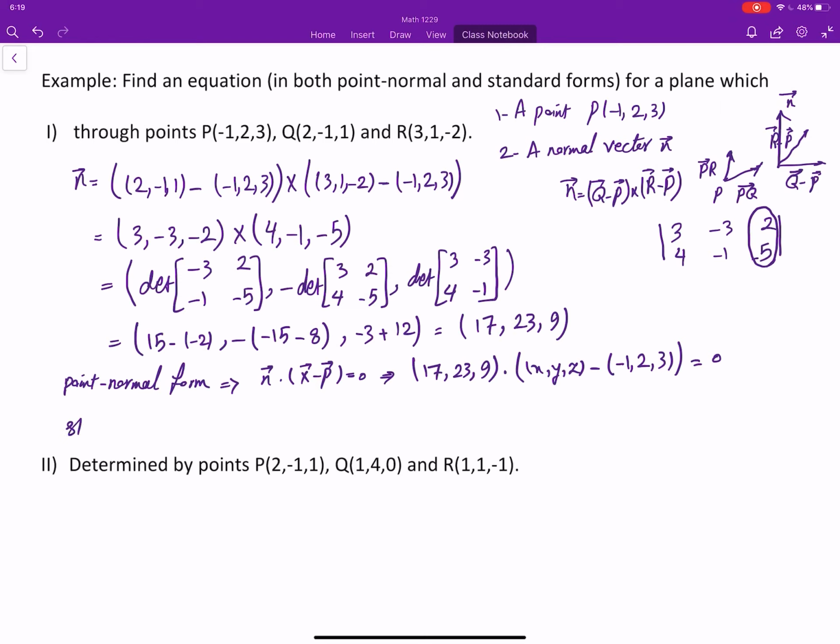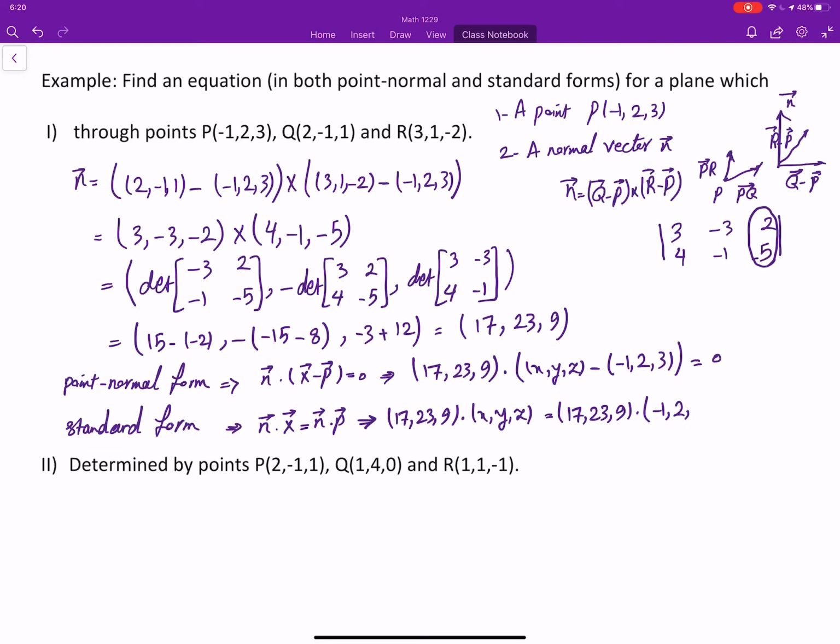And then the standard form, we start always from this equation, n dot x equals n dot p, then perform the dot product. So (17, 23, 9) dot (x, y, z) equals (17, 23, 9) dot (-1, 2, 3). And what does this give us?